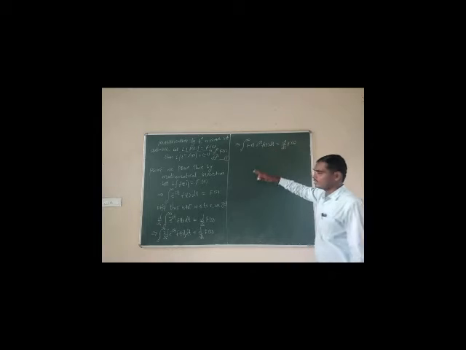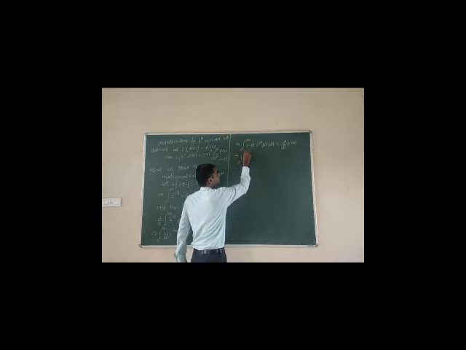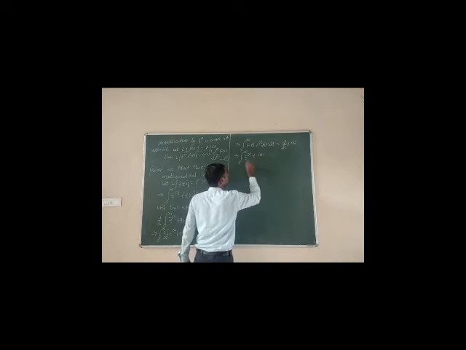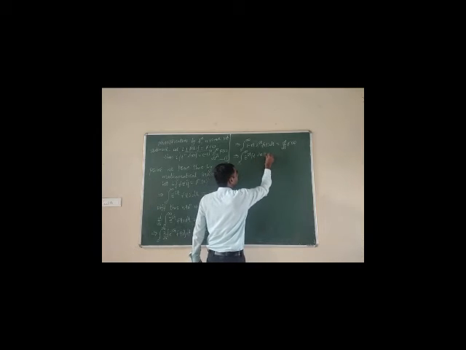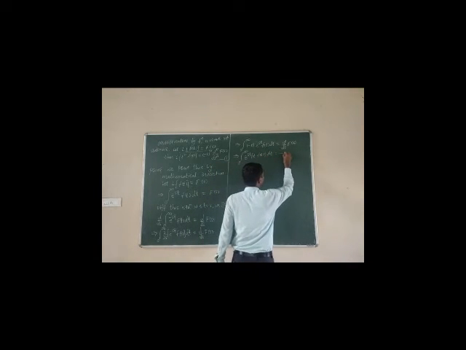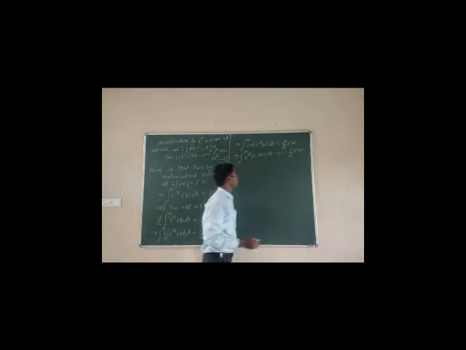So multiply by minus sign on both sides. What do we get? This implies integration from 0 to infinity e to the power minus st into t into f of t dt is equal to minus 1 into d/ds of F of s.